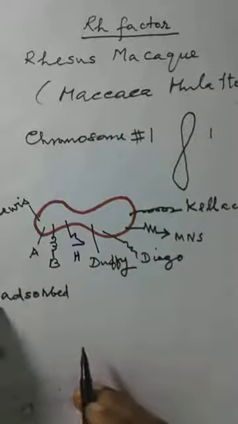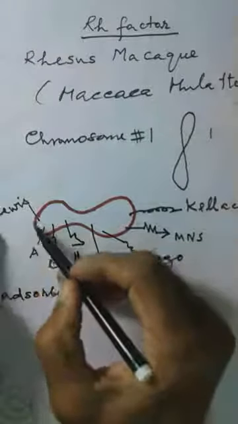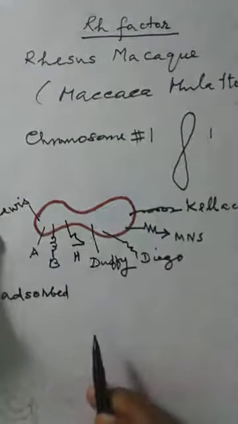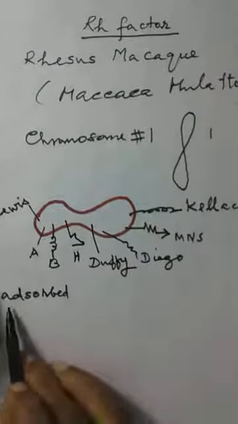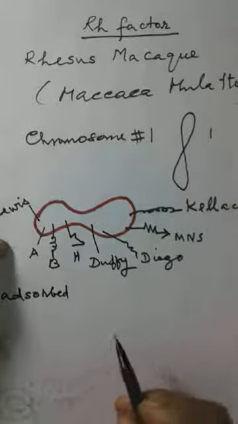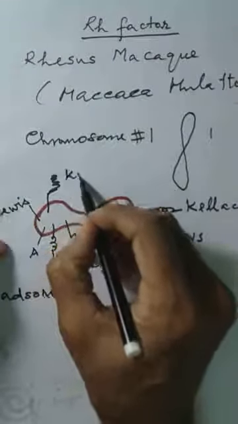Adsorbed, not absorbed, adsorbed. That means the molecule will come and stick on the surface only. It will not go inside. This is the term, adsorbed. Then comes another one. Its name is Kidd.